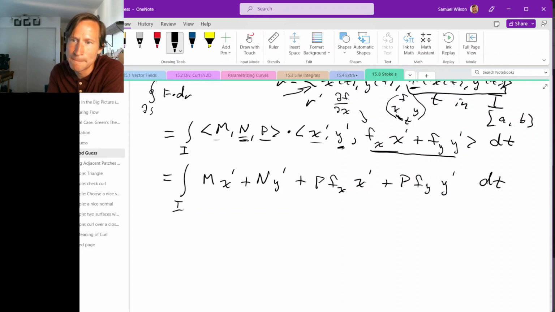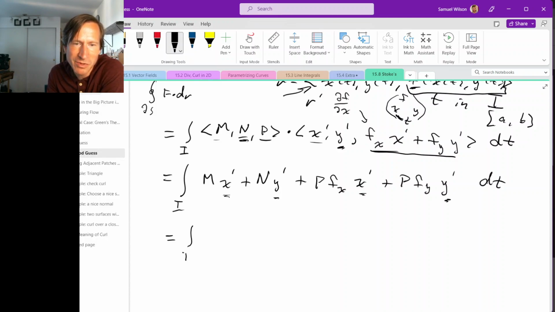all dt. Now remember the goal was, why don't we interpret this as a 2D situation? And if we're thinking of that, we should gather up all the terms that have x primes and all the terms that have y primes.